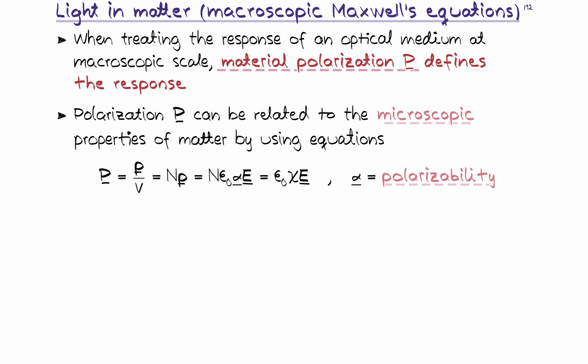So alpha here is the polarizability. And here I have made use of the fact that the atomic dipole moment small p is often defined as epsilon naught times alpha, the atomic polarizability, times the incident field. And this is essentially a definition for an atomic dipole moment.